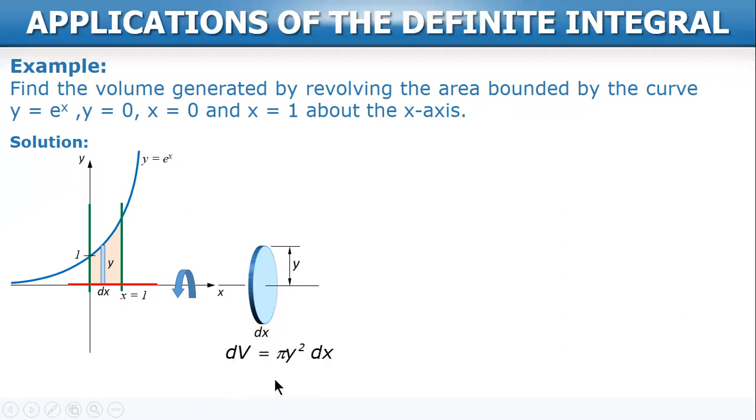This is our dv, area of circle times thickness, and you integrate, replacing y by x, and our limits are from 0 to 1.